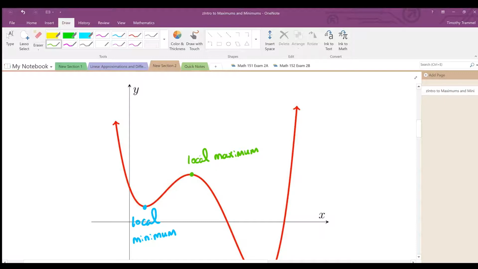And then lastly, is there an absolute maximum? And the answer to that is no. This thing's going to keep going, right? It's not going to obtain some largest value here. So this one has no absolute maximum.